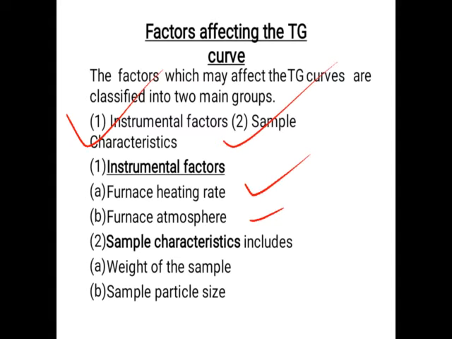This environment may be air, oxygen, or any inert gases like nitrogen, argon, etc. That can also affect the TG curve. Second one is the sample character. It includes the weight of the sample and the particle size of the sample.